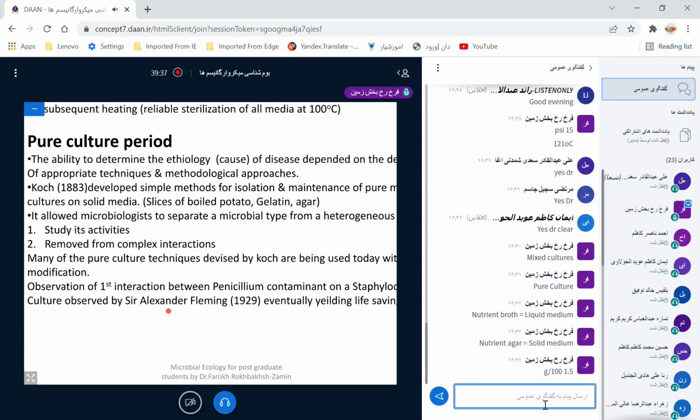He went on a trip and came back. After the trip, he saw some colonies of fungi in the plates, and there were inhibition zones between fungi and bacteria. In this zone, the fungus or mold, by production of chemical substances, could kill those bacteria.